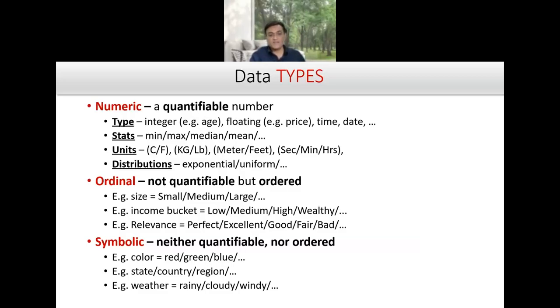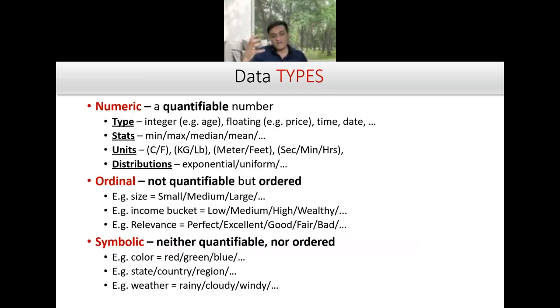Just take an example: most of the data we have seen is in a numeric format, a quantifiable number basically. We have different types of that. At this point, it is related to what we teach in computer engineering, like integer data, maybe age, floating point data, price, time, date, types of quantifiable numbers.